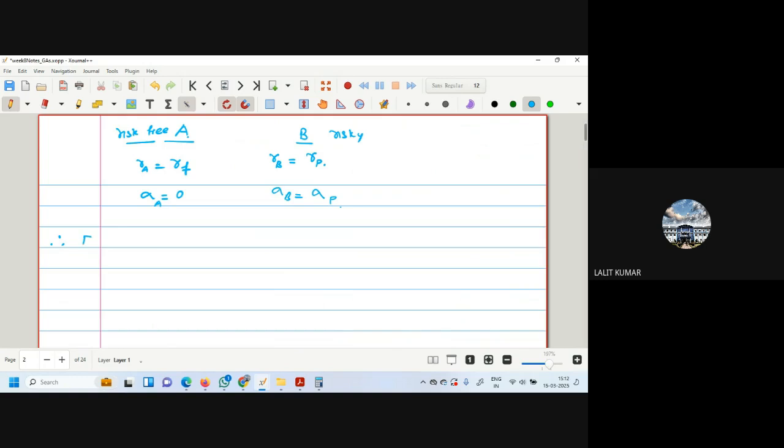Now we can write expected return of C is equal to weight into RP plus 1 minus W into RF. Because this is a risky asset, I have to use expected, so expected RC is equal to, when you open this, RF plus W into ERP minus RF.